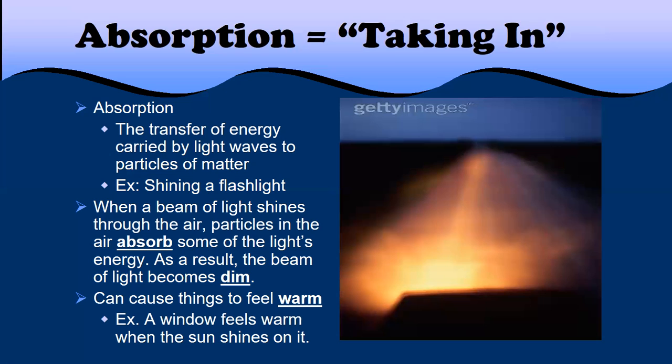As a result, the beam of light becomes dim. When you take away energy from anything, it becomes less powerful, right? So if the air absorbs that light, sucks some of that energy out of it, then it becomes very relaxed, very dim.